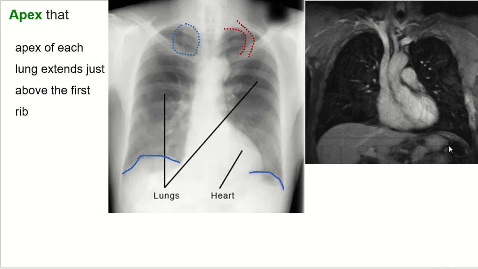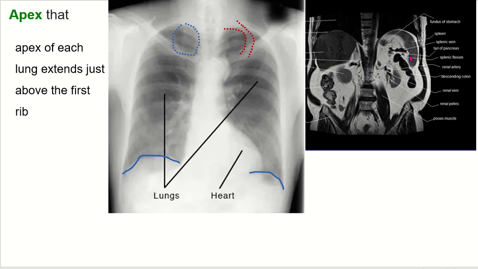This is fundic gas present within the stomach. This is spleen. This is liver. This is the base of the left lung, base of the right lung. And this is the posterior border of the lung related with thoracic vertebra and intervertebral discs.